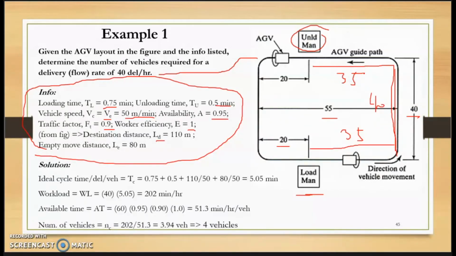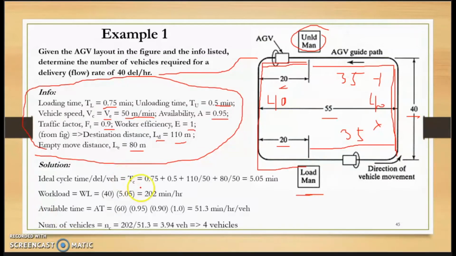So when these numbers add up, we get 110 meters. And for the empty move distance, LE, the AGV will move from this point to this point to this point. We know that this is 20, this is 20, and this length is 40. These distances add up to 80 meters.